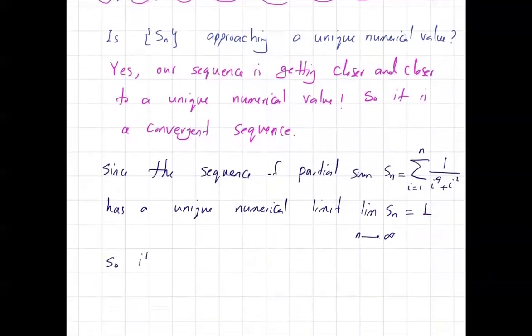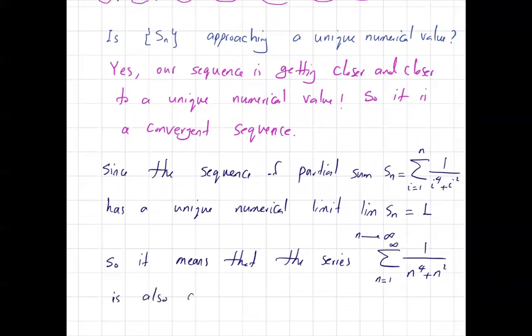So it means that the series, the summation of 1 divided by n to the fourth plus n squared, n starting from 1 going to infinity, is also a convergent series.